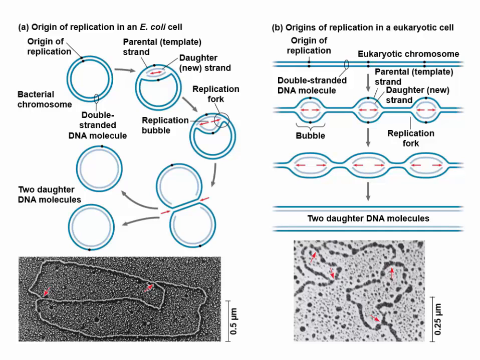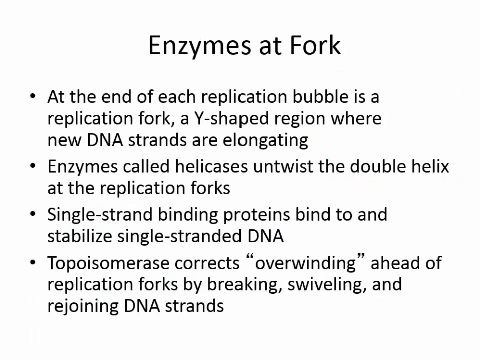And there's this very small circle drawn, which is the origin of replication. And every origin of replication is going to have this bubble and a replication fork, and you end up with two daughter DNA molecules.